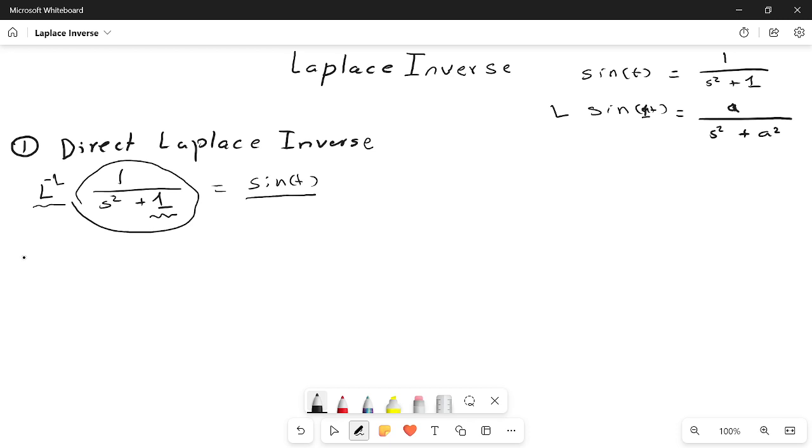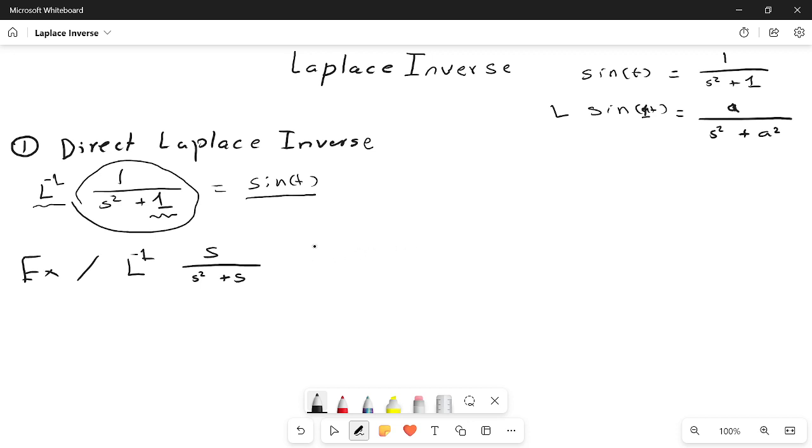Let's take another example. For example, if we have the Laplace inverse of s divided by s squared plus s. Now, when you look at this, you'd say this doesn't look like a familiar Laplace transformation form, and you would be correct.